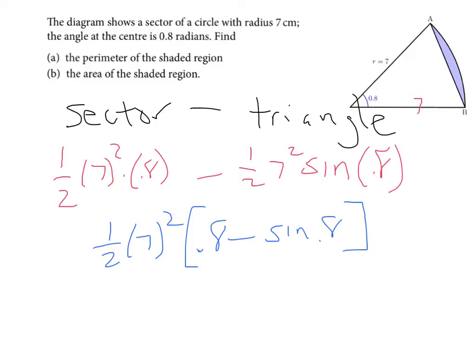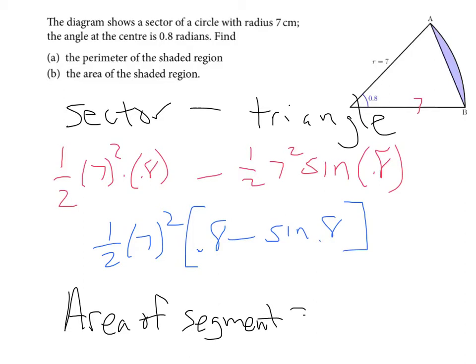But what I want to do here is I want to summarize this. The area of a segment. What do we see in this thing that we just found in blue? Well, it's going to be 1/2 r squared times theta minus sine theta.